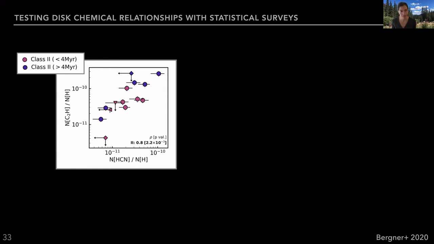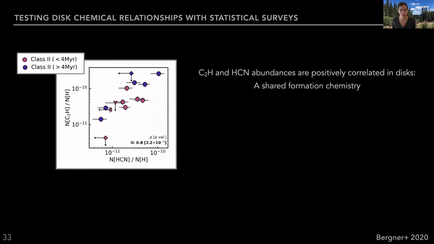So we derived the C2H and HCN abundances for these molecules in our disk sample. And we found that the C2H and HCN abundances are actually correlated in the disks.